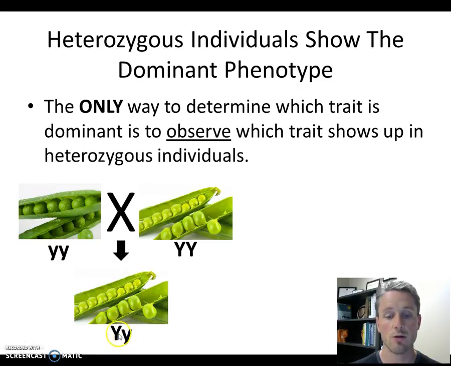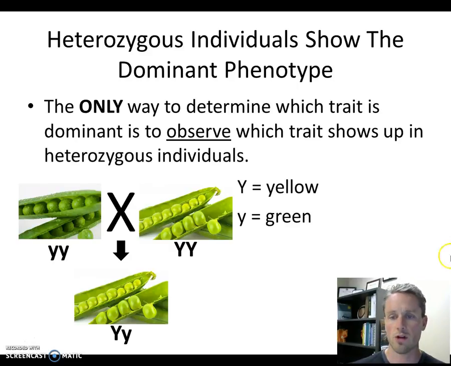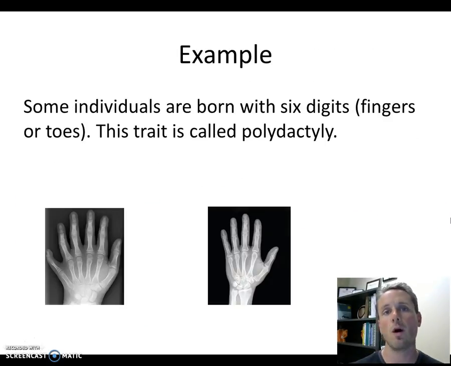So we get two different y's, heterozygous, and we see that that individual is yellow. Yellow is dominant over green. Green is recessive. And again, we're using these symbols where uppercase Y represents the yellow allele, lowercase y represents the green allele.